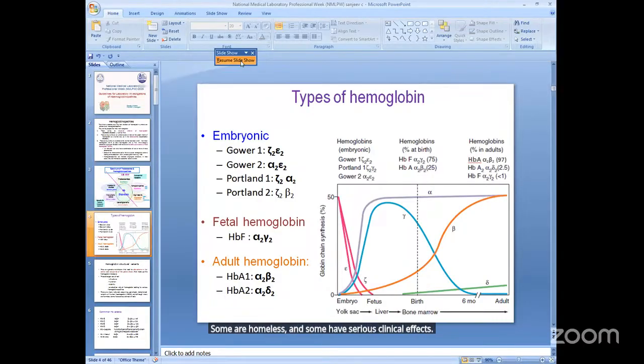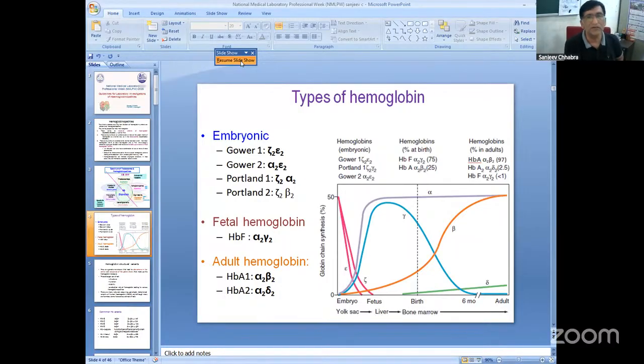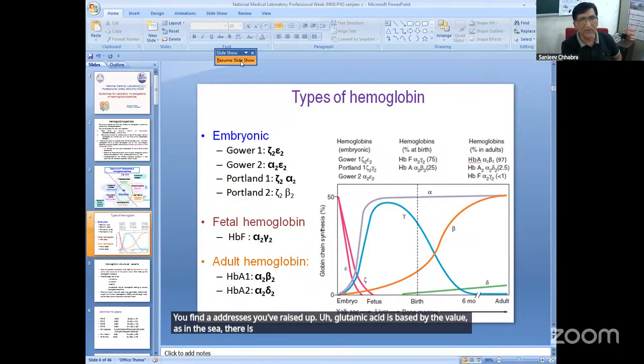Common variants: HbS, as you know, is sickle. It is a beta variant, at beta 6 glutamic acid is replaced by valine. HbC is also a beta variant: glutamic acid is replaced by lysine at position 6 of the beta chain.